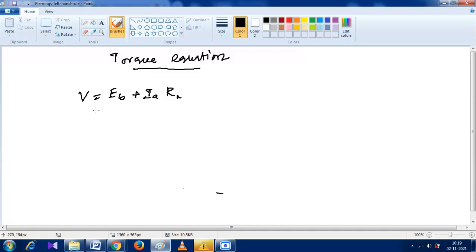VIA is equal to EB into IA plus IA square RA.